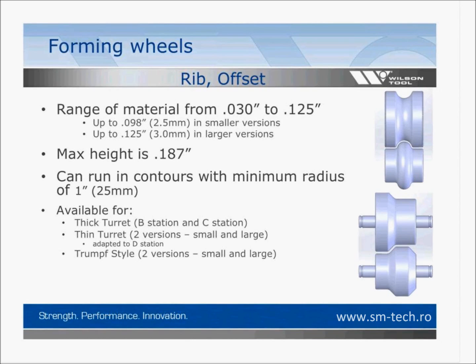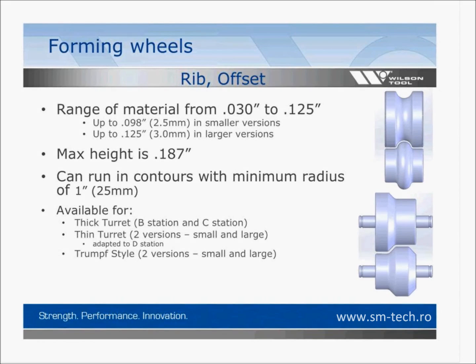All right. So we can move on to talking about forming wheels. Kind of in general, those are the rib and the offset tool. The range of materials for those is a little bit different. So let's look at a quick video of the rolling rib.